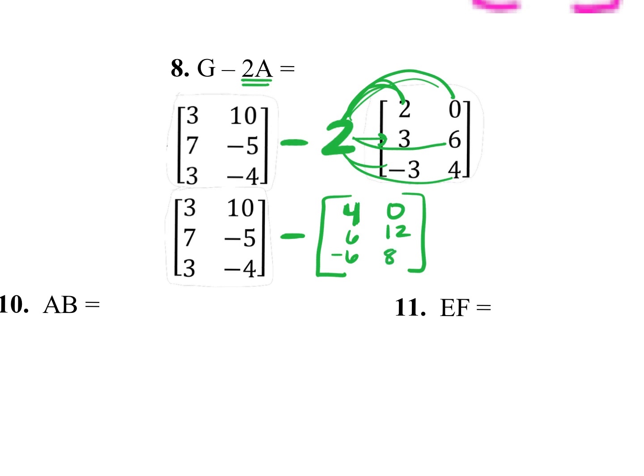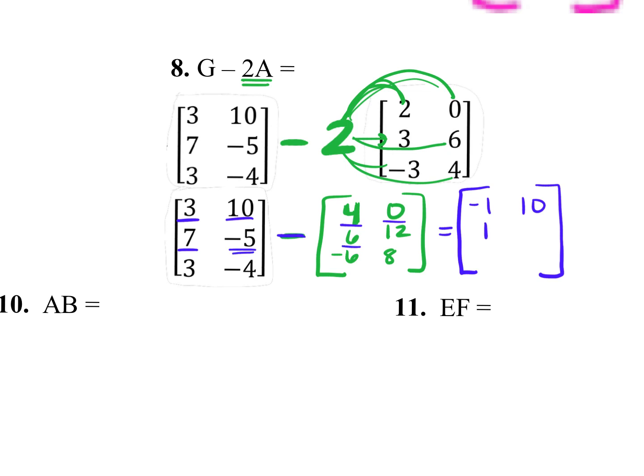And now that we've multiplied, now we can do the subtraction. So your dimensions should stay the same. It needs to be a 3 by 2. 3 minus 4 is negative 1. 10 minus 0 is 10. 7 minus 6 is 1.